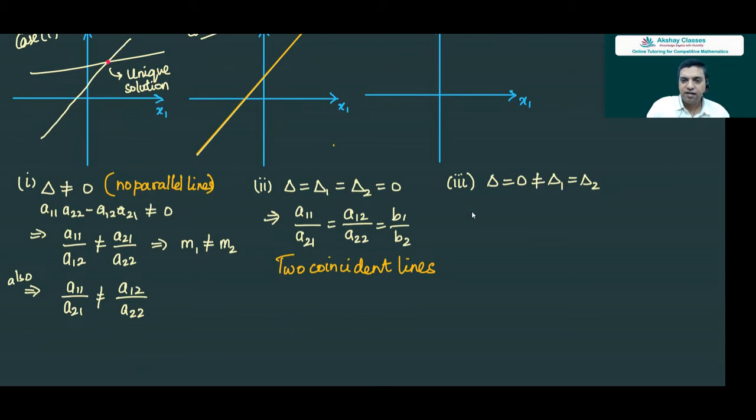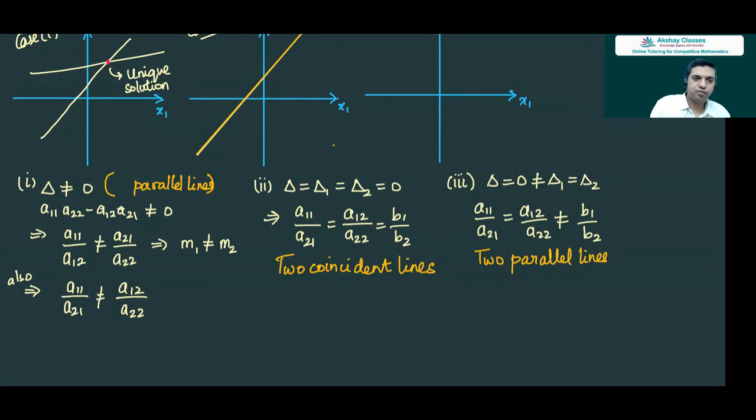So you get a11 by a21 is equal to a12 by a22, but this is not equal to b1 by b2. These are a case of two parallel lines.